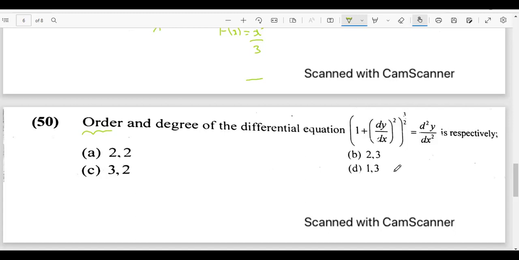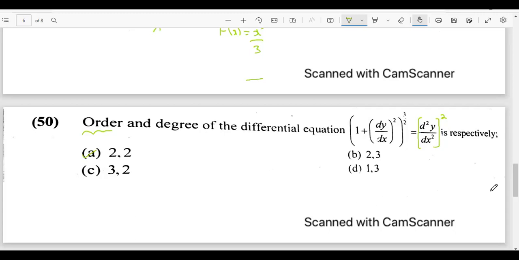So the answer would be A if somehow we get the power of this thing as 2. This is what we just discussed. The degree of the differential equation is basically the degree of the highest order derivative. Only then it would be 2. So maybe there's some misprinting, but you know the concept, right?